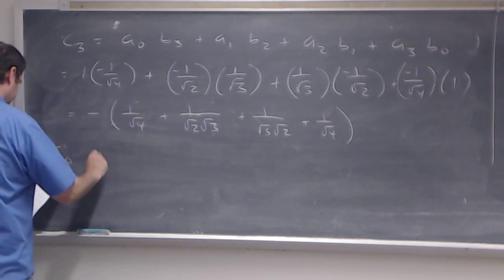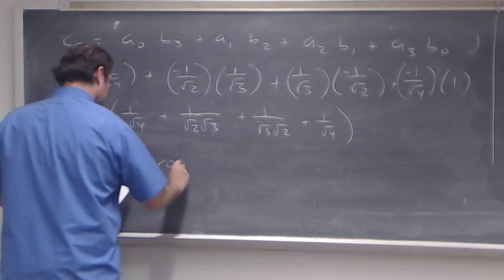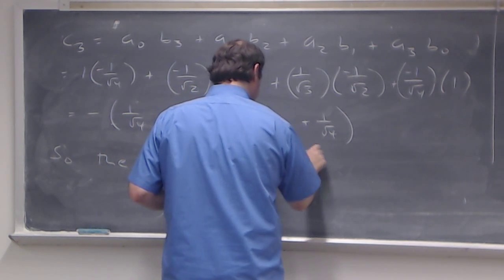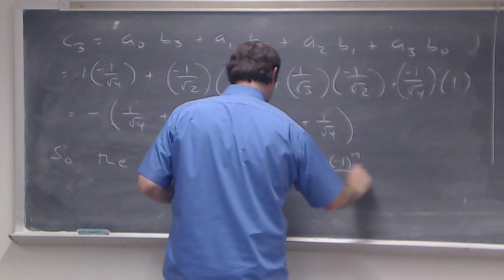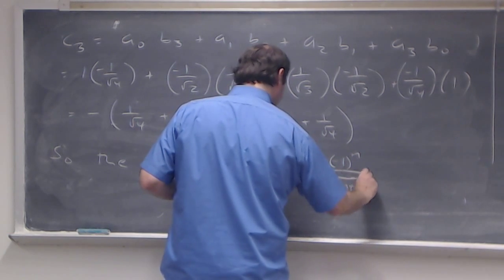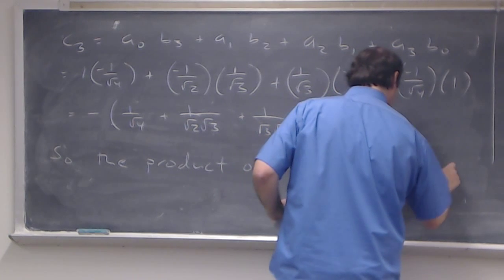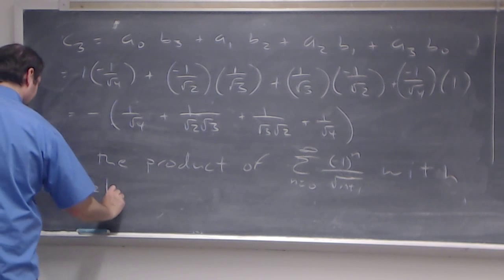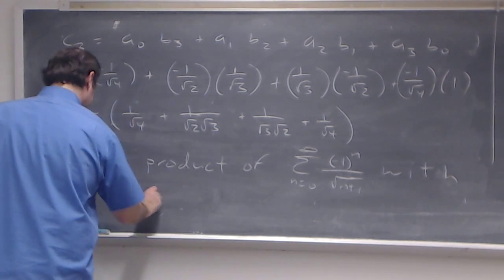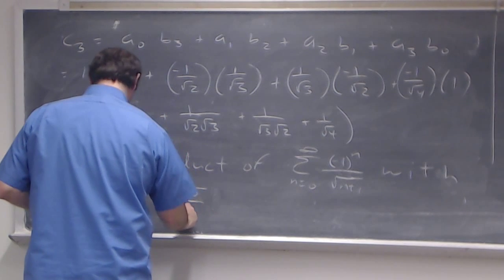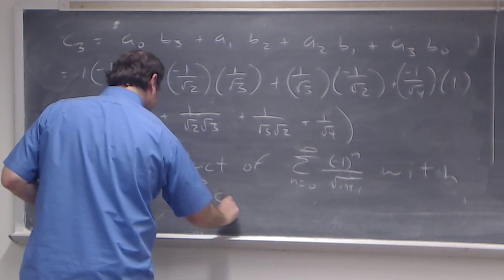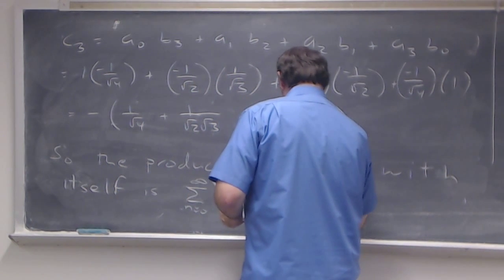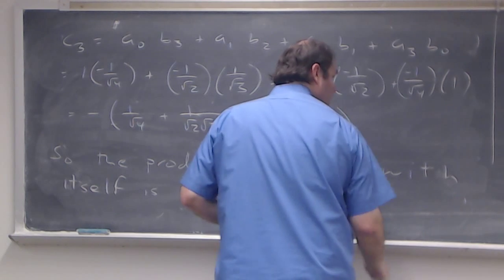So in general, the product of the sum as n runs from 0 to infinity of minus 1 to the n over the square root of n plus 1 with itself is, well, it's the sum as n runs from 0 to infinity of the c sub n, which equals, well, it was 1, and then it was minus 1 over the square root of 2.